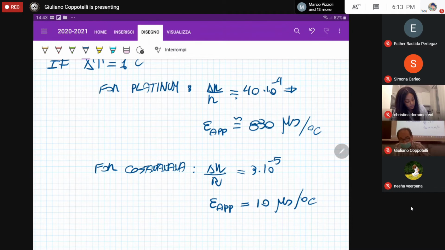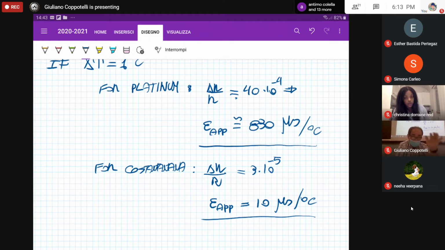Now let's compare these two results. Once again, we are using 2 different material alloys to manufacture our own strain gauges, and we are operating these strain gauges at just 1 degree above or lower with respect to the reference one.